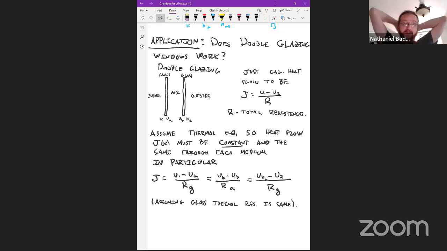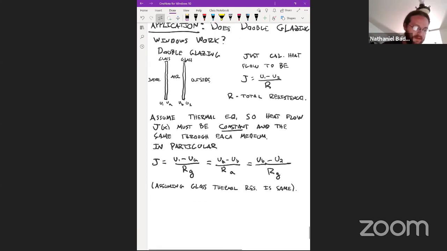Okay, so what we want to do then is think about what this is going to mean for us. If we have no air gap, then the glass is twice as big.